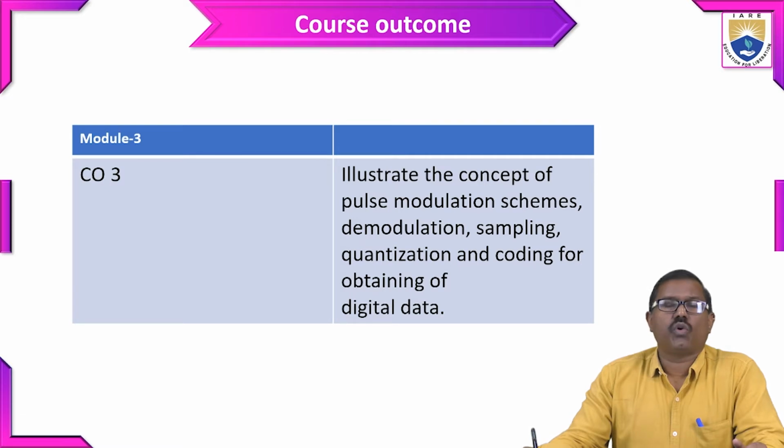In this module, we learn what sampling and quantizing are, how to encode, and how to get the digital data. We already discussed PCM and DPCM. Now we are going to discuss delta modulation and adaptive delta modulation.